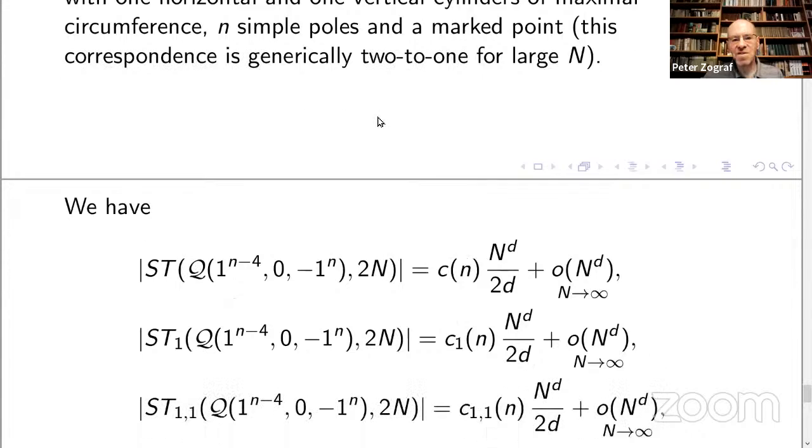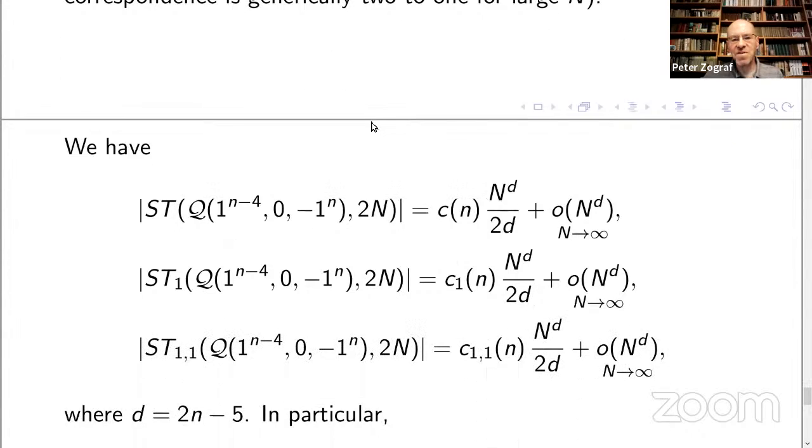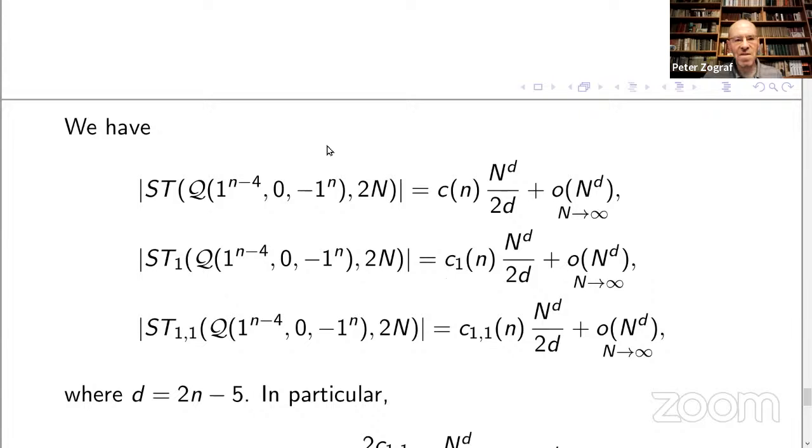So now let's consider 3 nested sets of square tile surfaces. One is the set of all square tile surfaces in the principal stratum, built of no more than 2n squares.